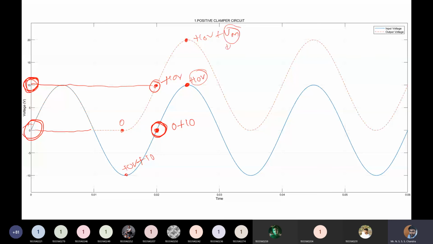So the output voltage is 20 volts. At every instant you are adding plus 10 volts for this waveform.